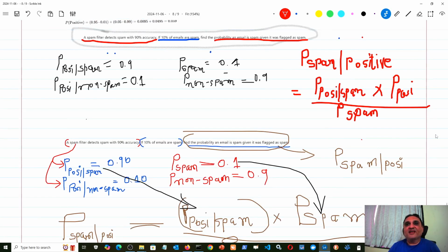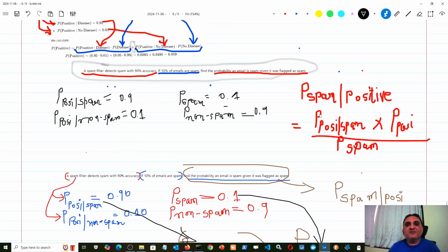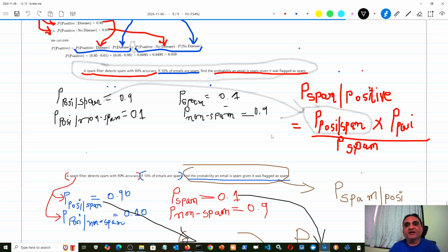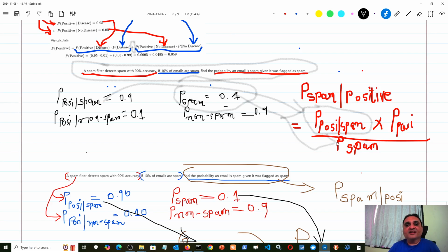Now what I am already having, if I see that, then it becomes clear that I am already having this P(positive | spam). So I can just put that value from here, 0.9, correct? I am also having this thing, that is P(spam), that is 0.1. So that I can put here, okay?